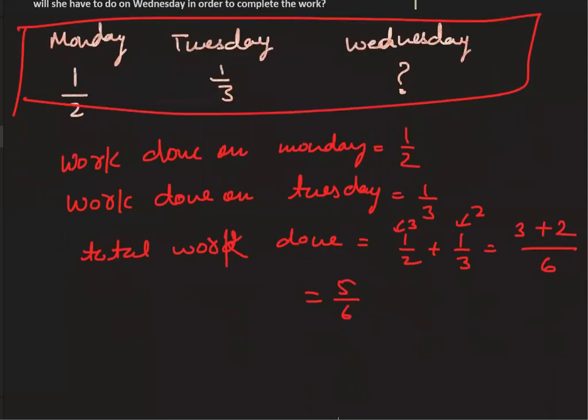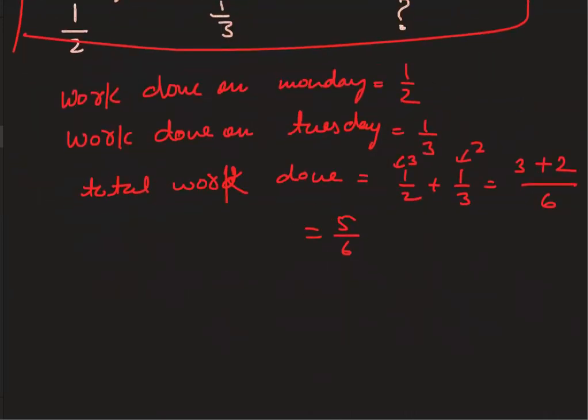Now she wants to complete the work on Wednesday. So how much work does she have to do on Wednesday? So work left for Wednesday is equal to, now students, अब क्वेश्चन ये है कि हम 5/6 को किस चीज से सब्ट्रैक्ट करें. भाई, there are a lot of students, for example Prachi and Ali Jafri, who have given me the answer. तो now they tell me कि 5/6 को किससे सब्ट्रैक्ट किया है.